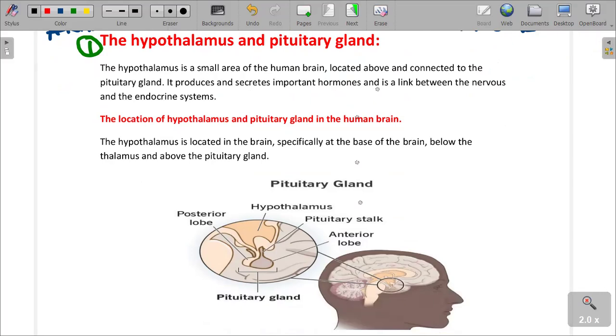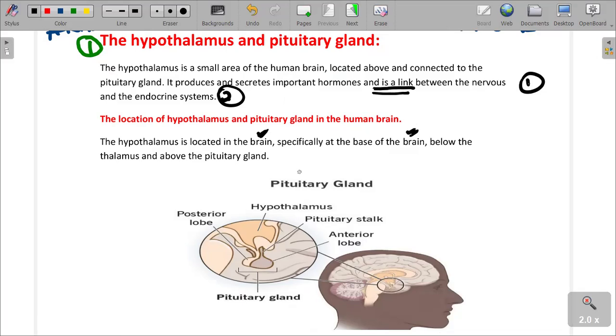Just take note that it is a link between the nervous system and the endocrine system, and we want to emphasize that. What I want you to see is that the hypothalamus is located in the brain, specifically at the base of the brain, below the thalamus and above the pituitary gland.